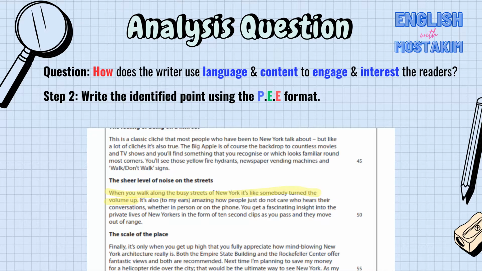Let's read it. It says, when you walk along the busy streets of New York, it's like somebody turned the volume up. So there has been a direct comparison between two unlike or different things using the word like. So we can identify that it is a simile.